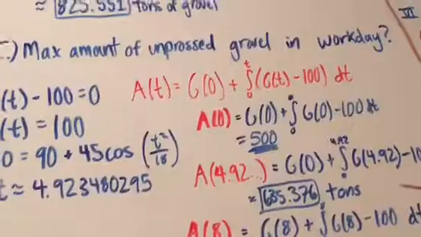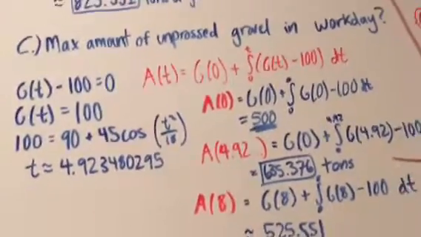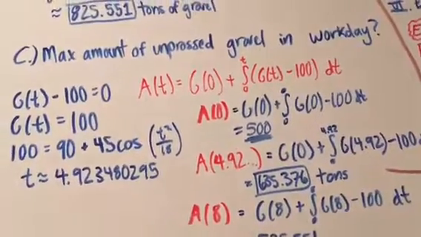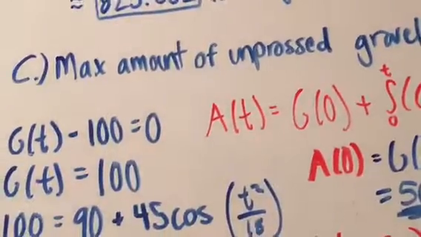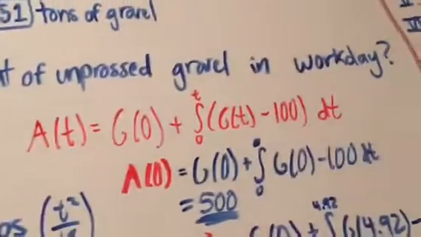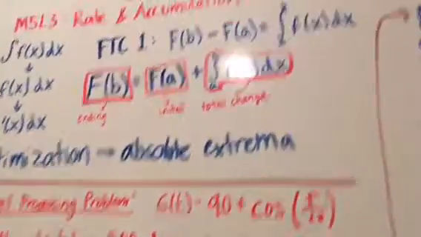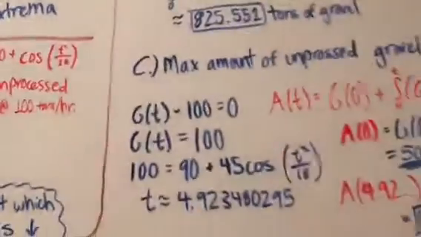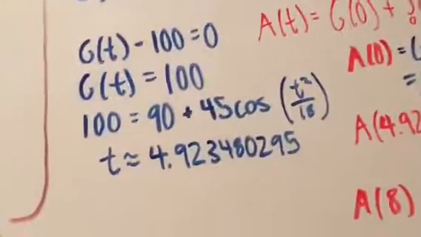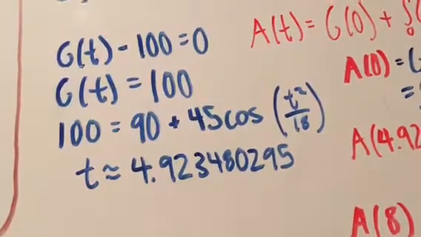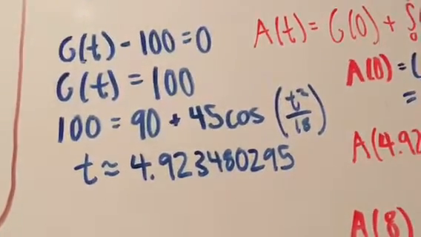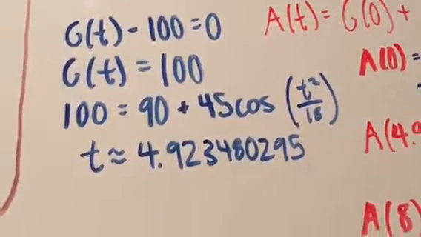Okay, so the next part asks to find the maximum amount of unprocessed gravel in a workday. Since it's maximum, we know that we are doing optimization, and then we also can use the FTC part 1 finally, which is up there. So we're going to start by figuring out at what time the rate of gravel entering equals 100.